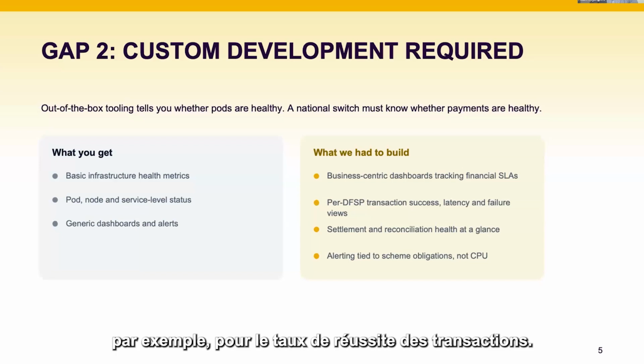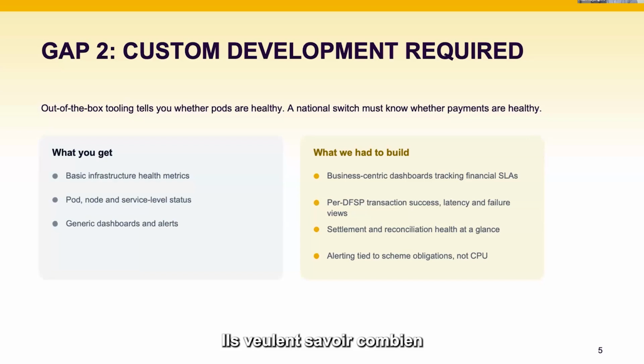For instance, per FSP transaction successes, right? They want to know how many transactions participant A was able to have successfully in a specific period, the latency, the failures that they had during that particular period, and so on and so forth. And then, of course, the alerts would be tied to some of the scheme rules that are in place.